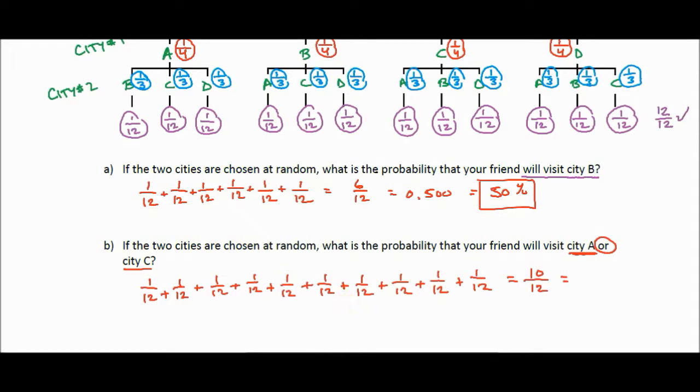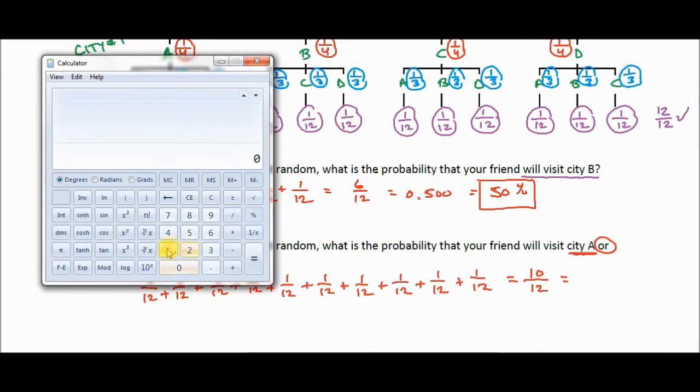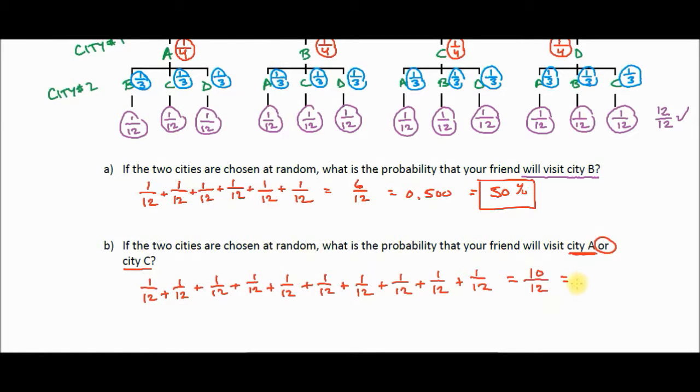Let's go ahead and do 10 divided by 12, which equals 0.833, which is 83.3%. Pretty high probability that if you selected two random cities, you're going to be visiting either city A or city C. So there is the last question on your tree diagram homework.